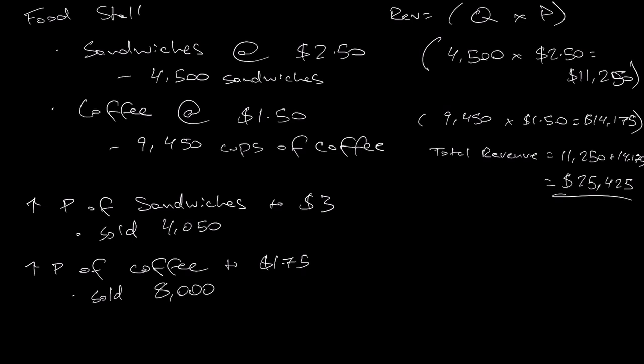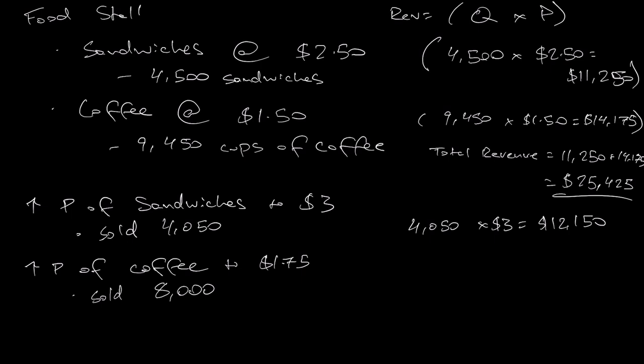Well, let's go ahead and take a look. So we do price times quantity for sandwiches. We've sold now 4,050 sandwiches times $3. That gives us a monthly revenue of $12,150. So we're actually seeing an increase in the revenue of sandwiches, largely thanks to that price increase.